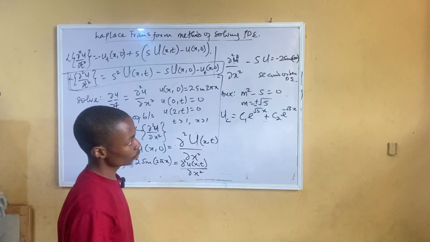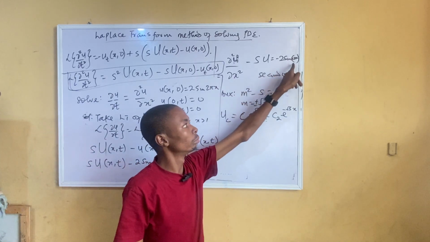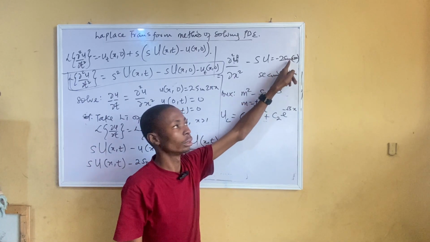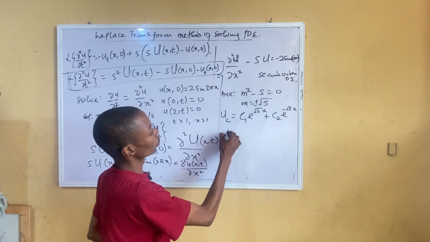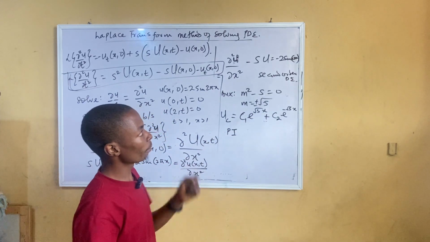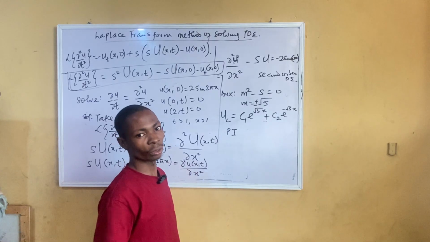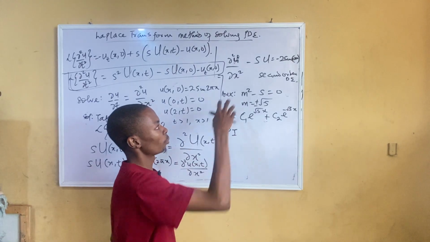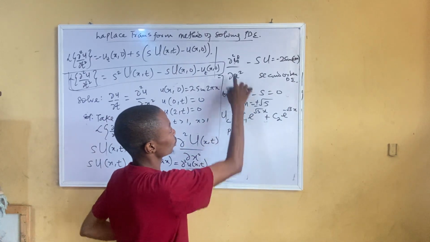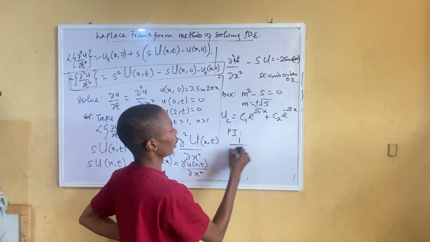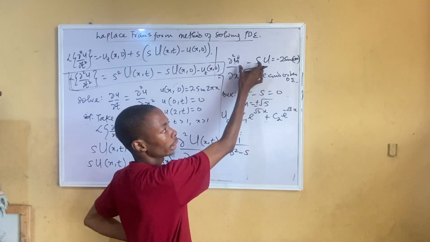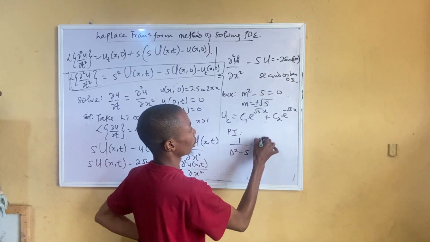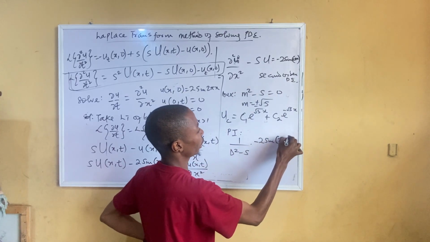Then we need the particular solution now, because this is non-homogeneous. So what is the particular solution? You remember the differential operator, D operator techniques. So here I'm going to use the D operator. How do you find the particular solution? I'll turn this into 1 over D square minus s, all right, of minus 2 sine 2 pi x.